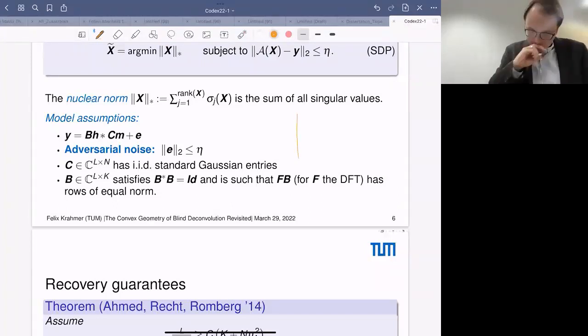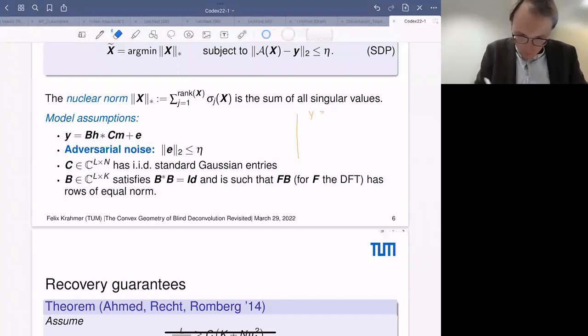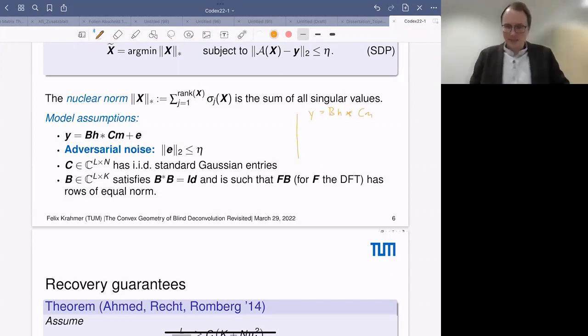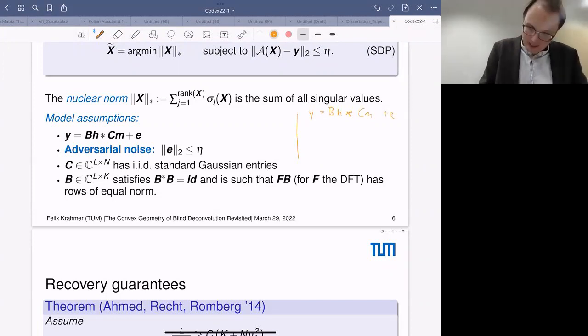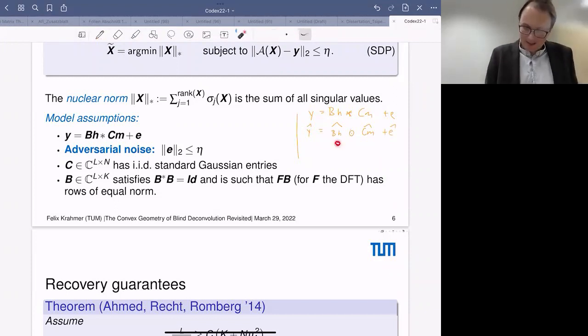What we know, like an important thing that's driving here, the intuition is that if Y is B H convolution C m, let me just omit the noise, or like plus E, then the Fourier transform is the Fourier transform of B H Hadamard product, like entry-wise product, of the Fourier transform of C m plus the Fourier transform of E. So basically, that's why we're having these Hadamard products.